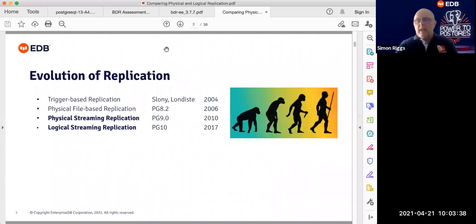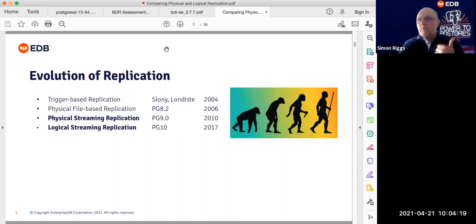Now, the first thing to look at is that the technology of replication has evolved over time, and the first attempts in database replication were based on triggers. Although that was a good place to start, it's not the best place to end up. It's not sufficiently well integrated into the database to make a lot of sense, and the overheads of it are large. So in 2 slides, I've already ruled out 2 different types of replication to speak about.